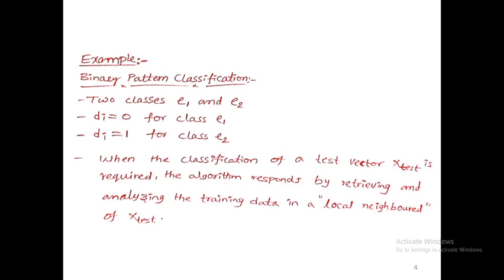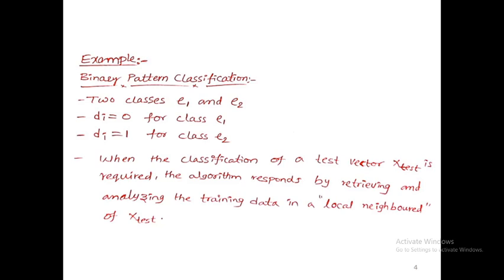When the classification of a test vector x test is required, you want to find out which group that x test belongs to. The algorithm responds by retrieving and analyzing the training data.